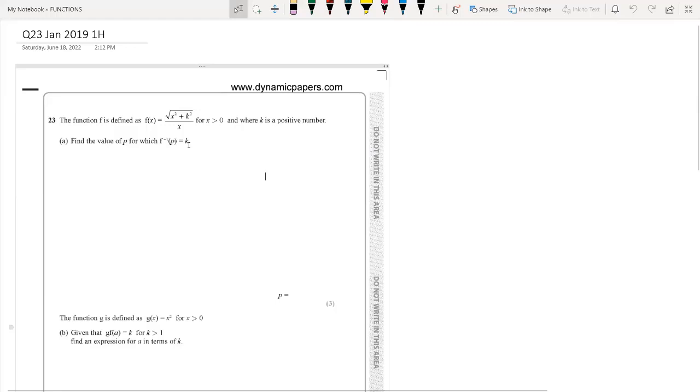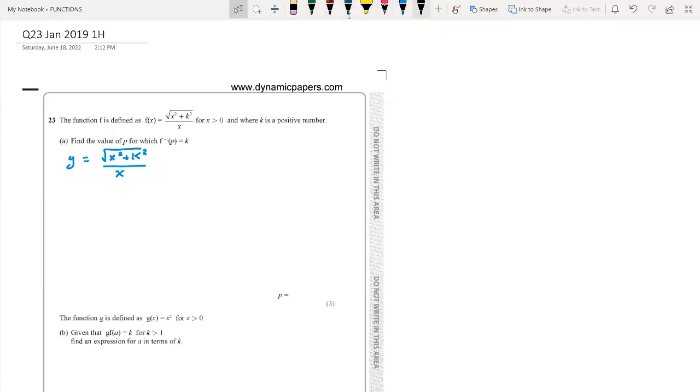So we have to get the inverse of f of x first. In order to get the inverse, we write y instead of f of x, and the square root of x squared plus k squared over x.